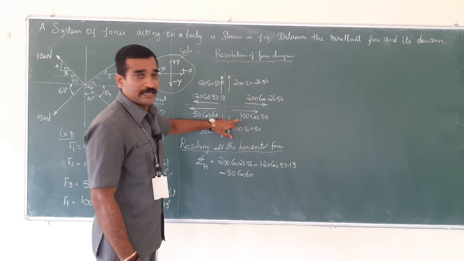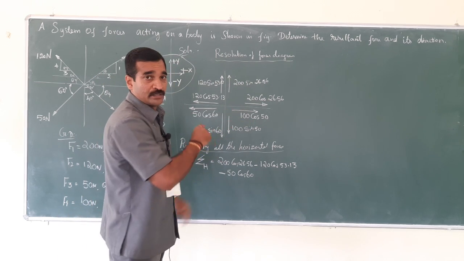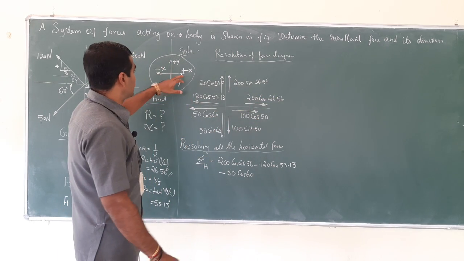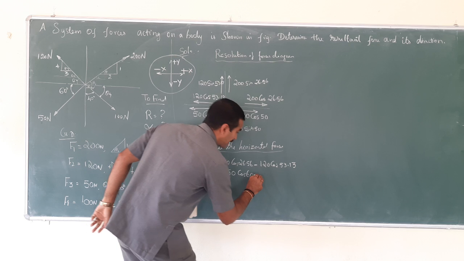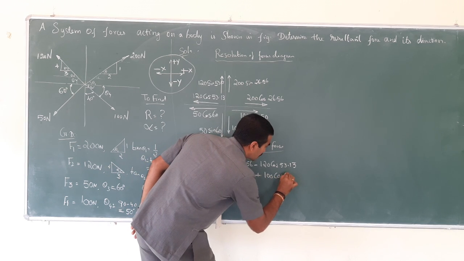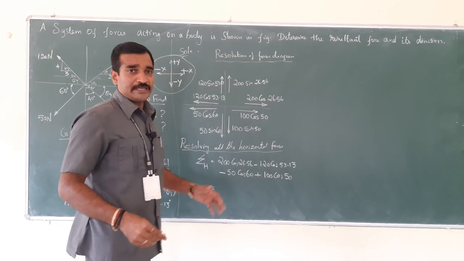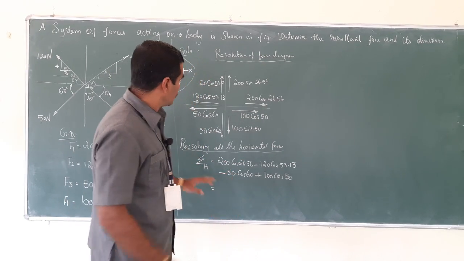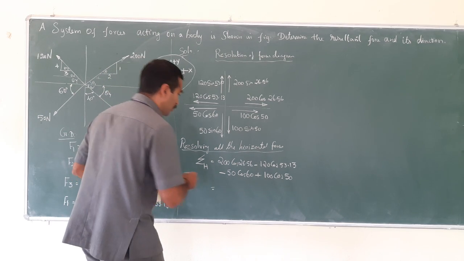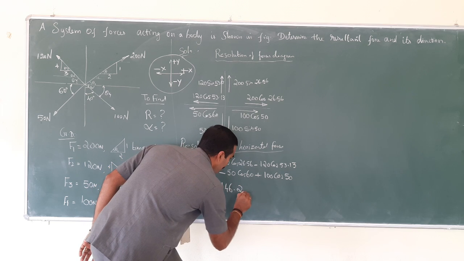Then let me just move to the fourth quadrant, where I have a force acting horizontally towards right, that carries positive sign, plus 100 cos 50. If you just feed all the values in the calculator, you will get the value roughly 146.2 Newton.